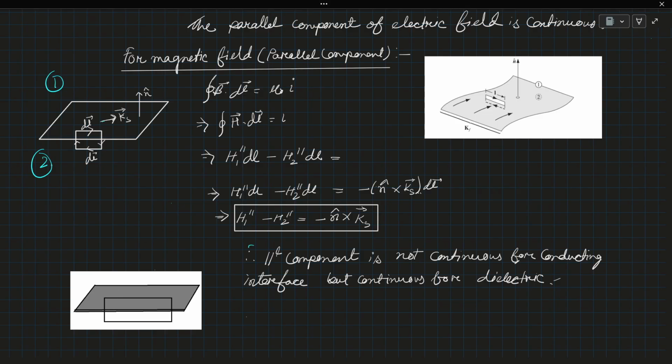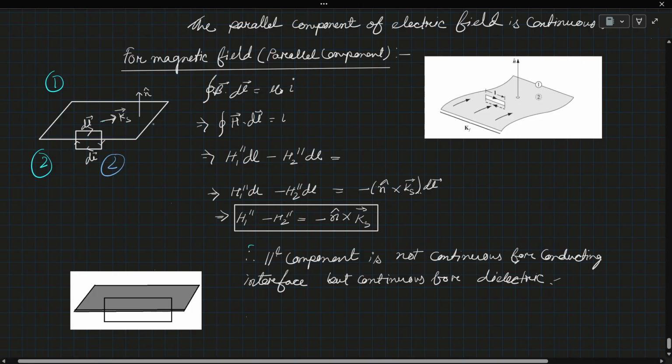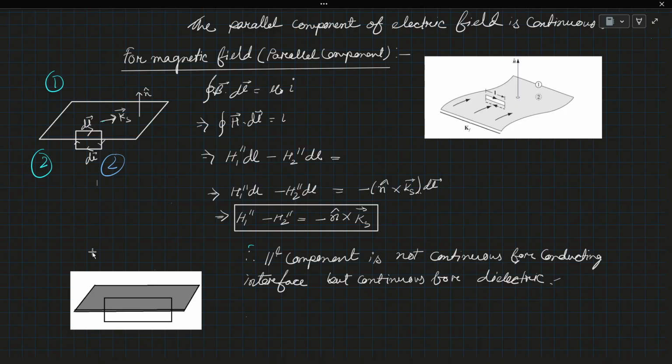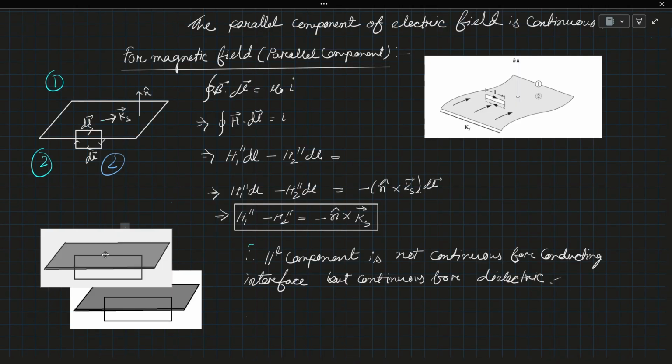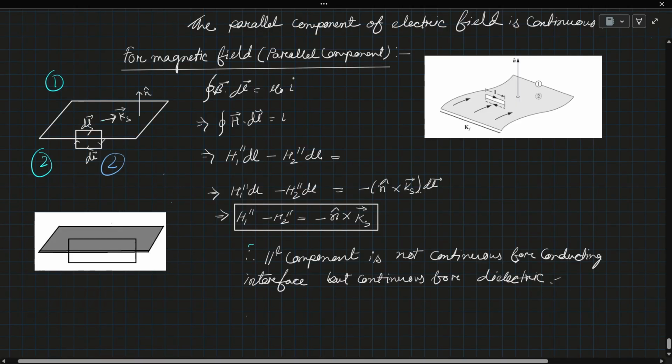There are two media, medium 1 and medium 2, and this parallelogram indicates the interface, and we have considered the Amperian loop such that the upper half is in medium 1 and the lower half is in medium 2.